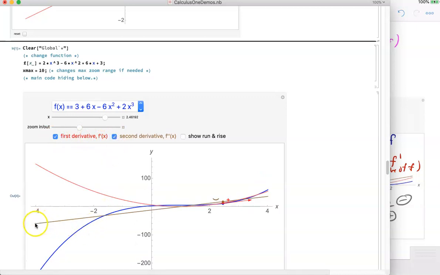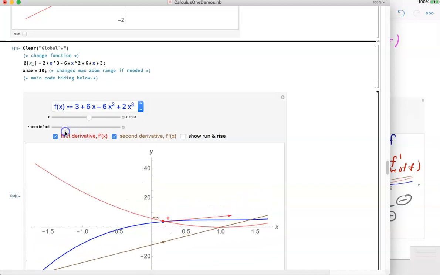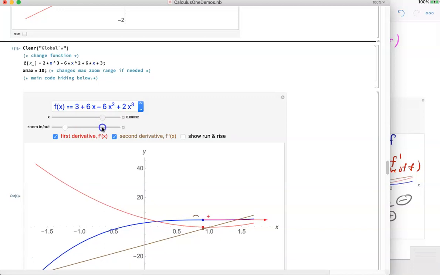This is the graph. 12x minus 12 is the second derivative. So the second derivative is negative, function is concave down. First derivative is positive, function is increasing. And at 1, that was a very special location. At 1, not only was the derivative equal to 0, but so was the second derivative.